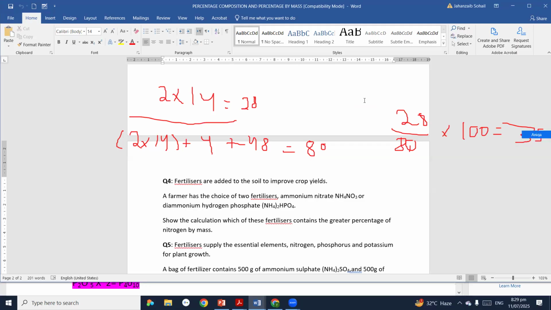It is 35%. Yes, okay. Now you will calculate it in this one, and then you will compare which one has more nitrogen.